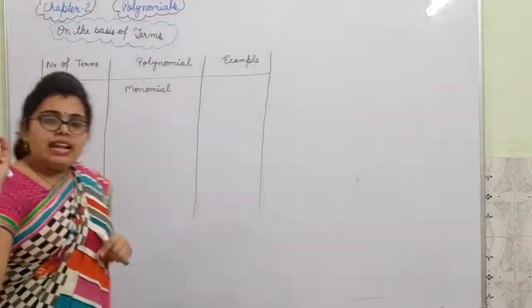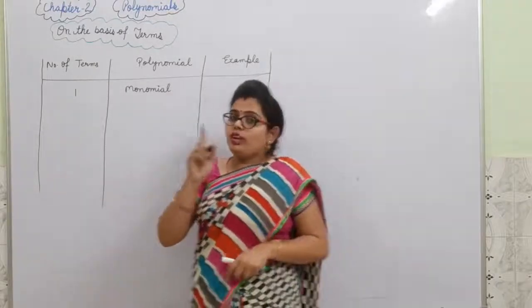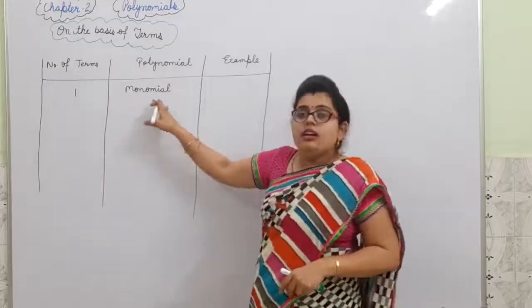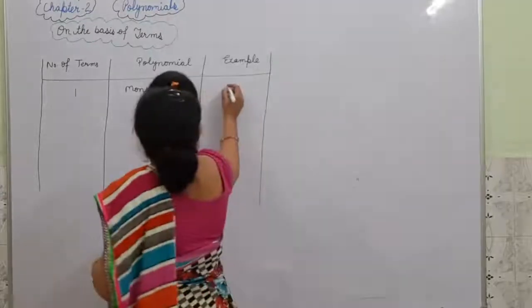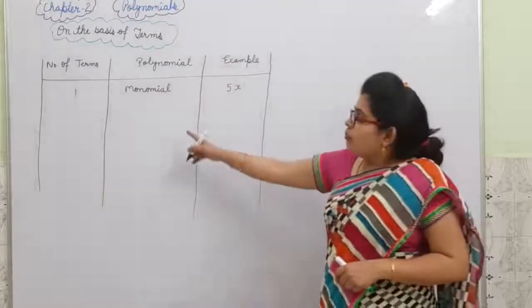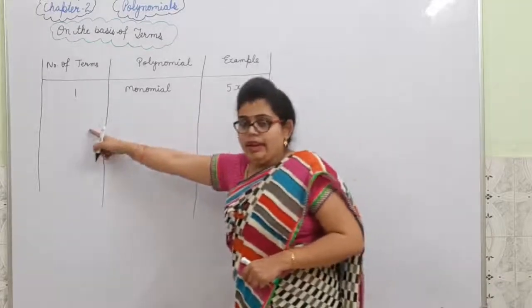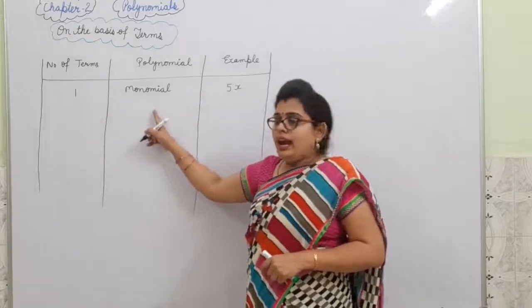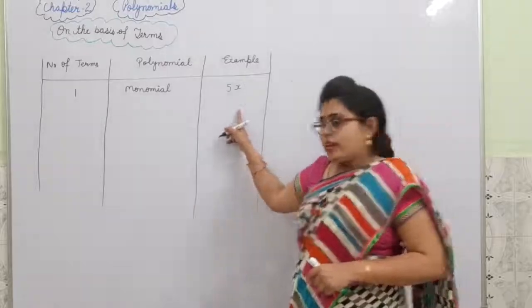If in an algebraic expression there is only one term, then it is called monomial, and let its example be 5x. अगर polynomial में सिर्फ single term है, then it is called monomial and its example is 5x.